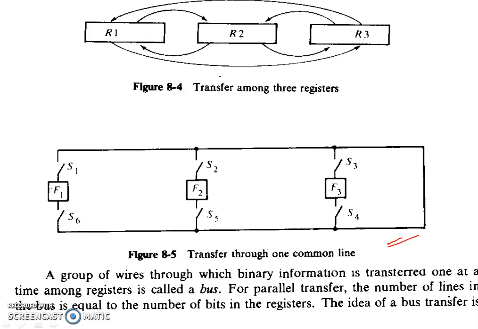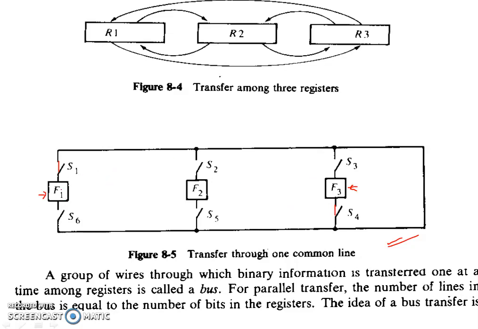Okay, so in this case, if some transfer is being done from F1 to F3, the switches S1 and S4 will be connected, and all the other switches will be left open.